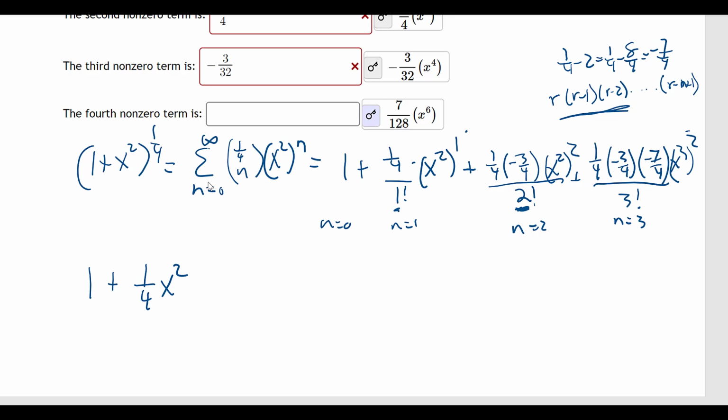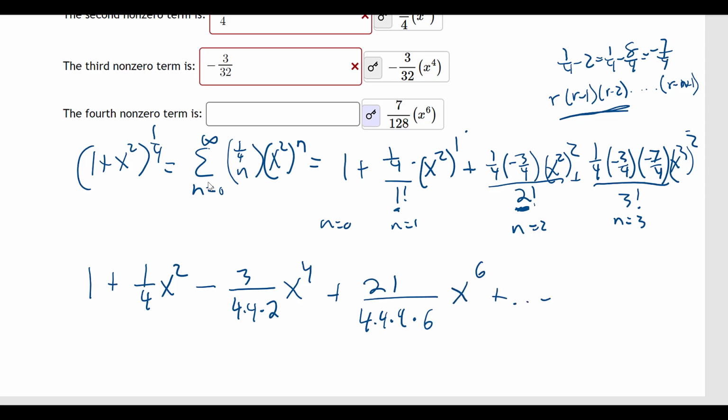Now we have a negative in here, so it's going to be minus, I have 3 over 4 times 4 times 2, 2 factorial is 2, times x to the 4th power, plus, and then I have negative 3 times negative 7, so that cancels, so it's 21 over, we have 4 times 4 times 4, times, and then 3 factorial is 6, then we have x to the 6th power.